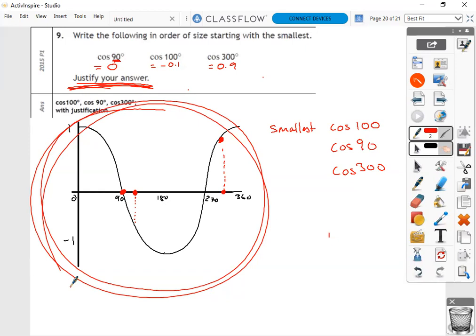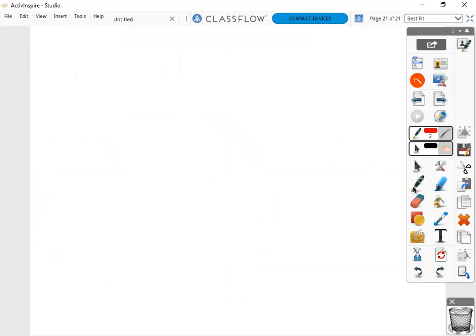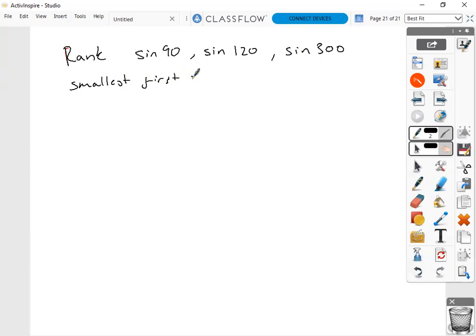So, rank sine 90, sine 120 and sine 300 in order, smallest first, and justify.